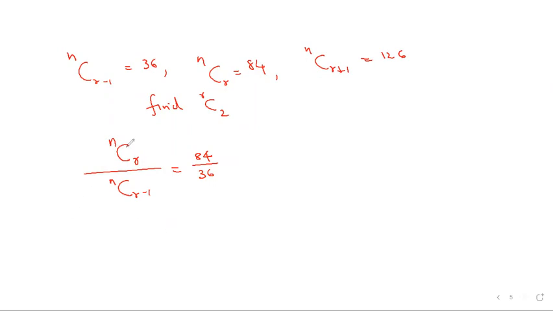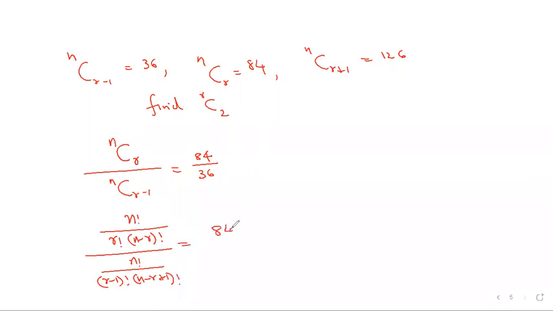Now, write the definition of nCr, then write the definition of nCr minus 1. See, anything can be done, we can reduce. n factorial, r factorial, n minus r factorial. r factorial, r minus 1 factorial, n minus r plus 1 factorial.